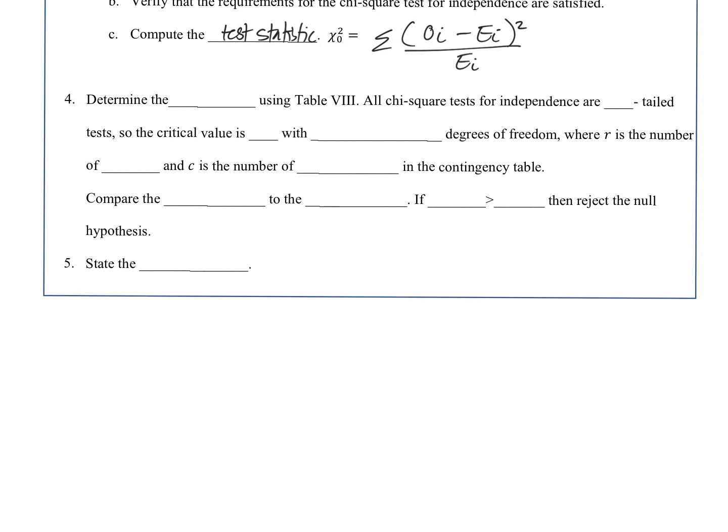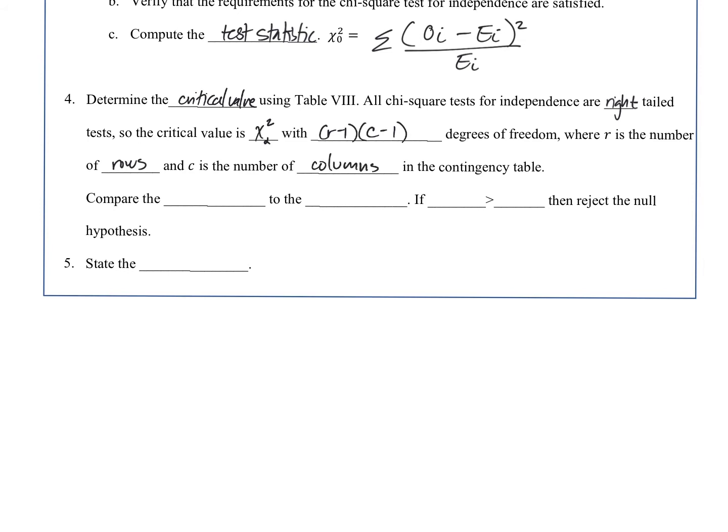And step 4. So, determine the critical value using table 8. All chi-squared tests for independence are right-tailed. So the critical value is our lovely symbol here, chi-squared alpha, with (r minus 1) times (c minus 1) degrees of freedom. Once again, our degrees of freedom have changed because we're looking at 2 different categories, where r is the number of rows and c is the number of columns in the contingency table.